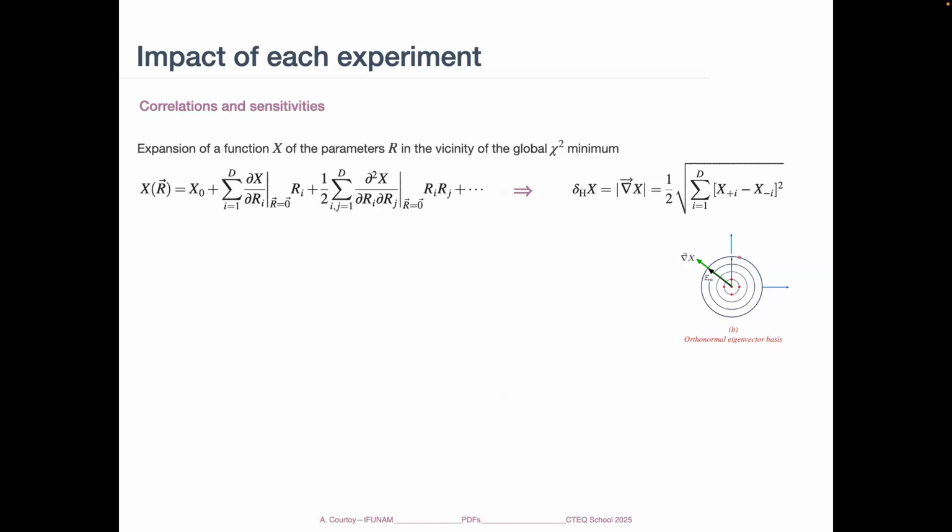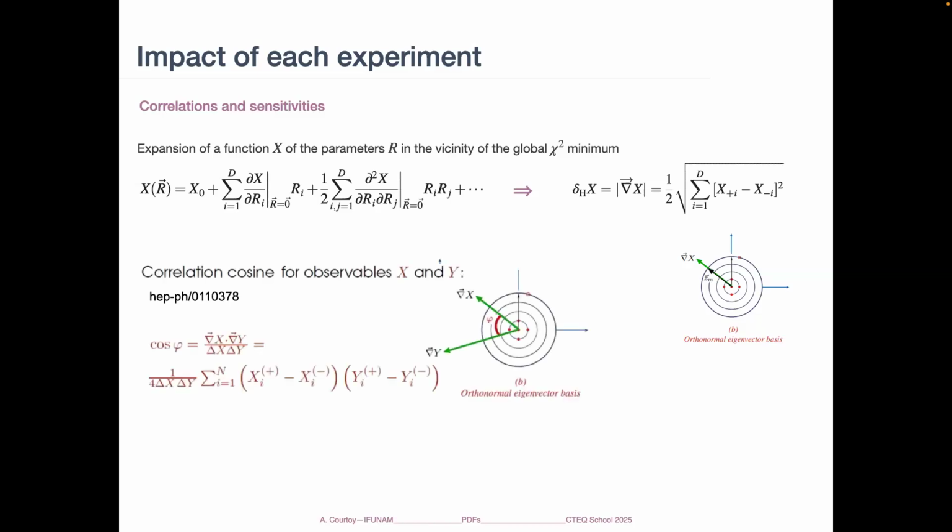It could be a cross-section, a PDF, whatever you like, and you can define the uncertainty. So we go back to this orthonormal eigenvector basis, and you want to see the gradient of that object along one direction, and how it works.